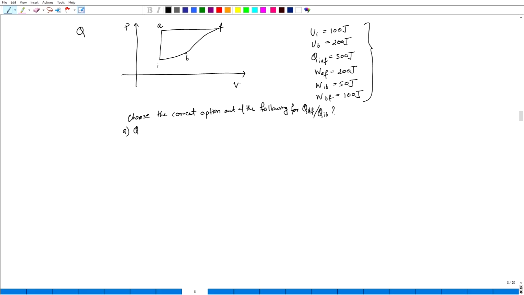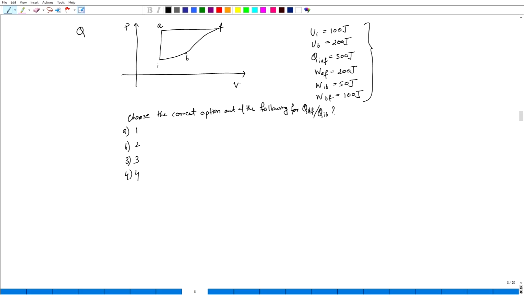So I need to find out the ratio of QBF by QIB, and for that I have to choose the correct option. So the options are 1, 2, 3, 4. Okay.